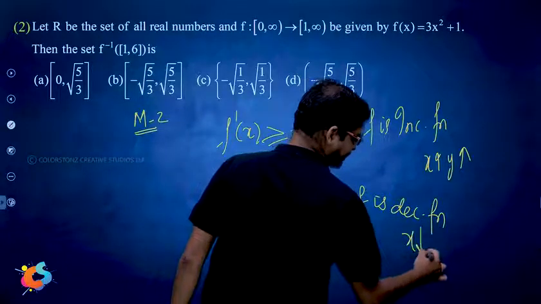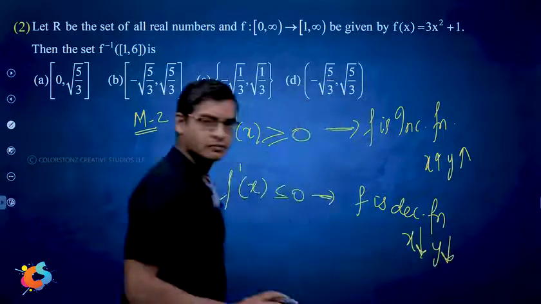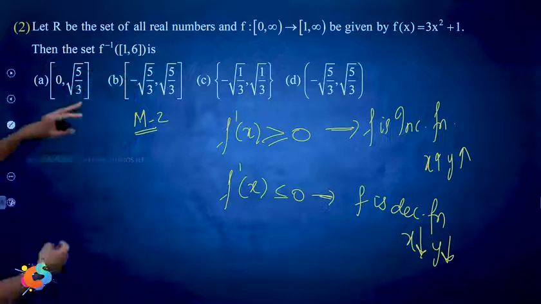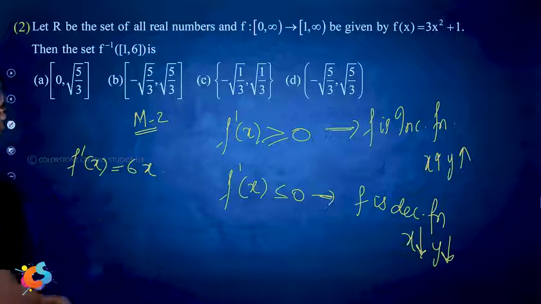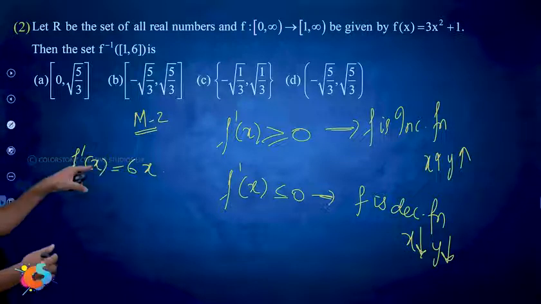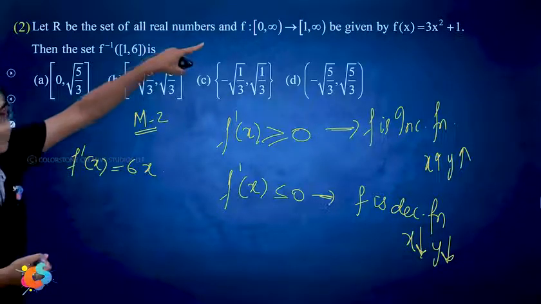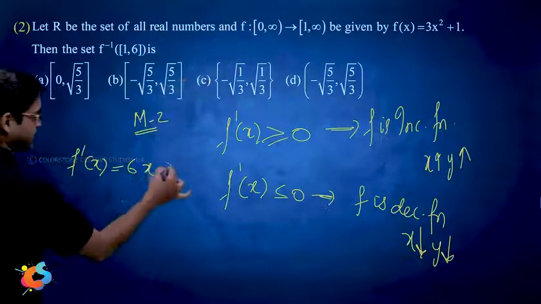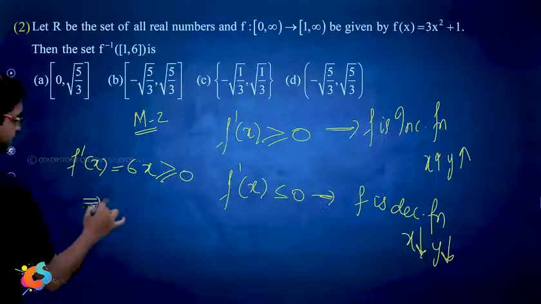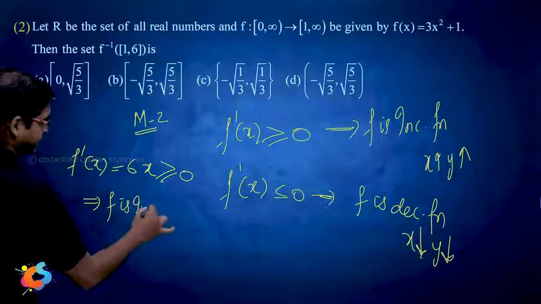It implies if x is increasing, y will decrease. That's all. So here, if you find f dash of x, that will be equal to 6x. These x values come from the domain, right? For our domain, x is 0 or positive. So this is positive, which implies f is an increasing function.